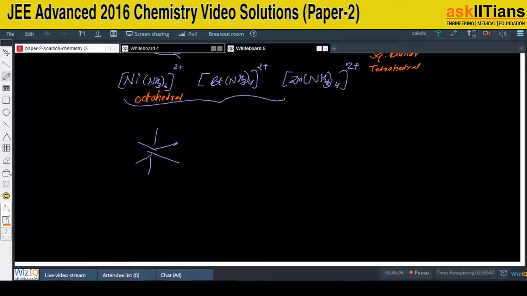Now if I ask you to look into the options, it is very clear that platinum, you should know this fact, if you go from 3d to 4d to 5d series, the tendency for the metals to form square planar complexes increases very much because of JT distortion.